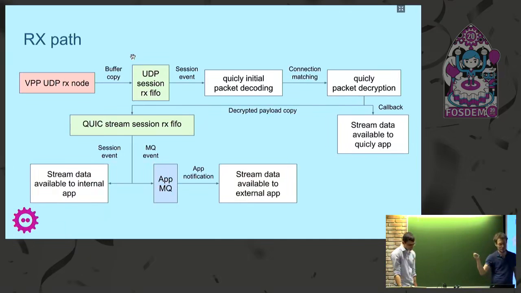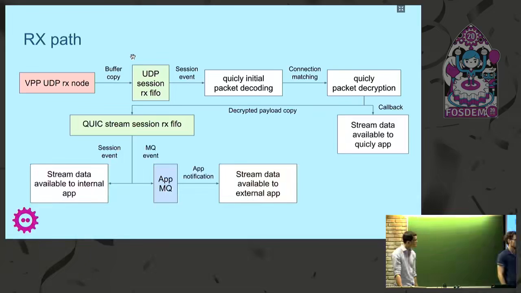Then we match it against a connection, match it against a stream. We decrypt the packets. We do the crypto processing, and then deliver it either directly to QUIC or to the QUIC stream buffer that's going to act as the application buffer. And then this decrypted payload can be consumed either by an internal client or an external client via the message queue. So this brings a couple of issues.